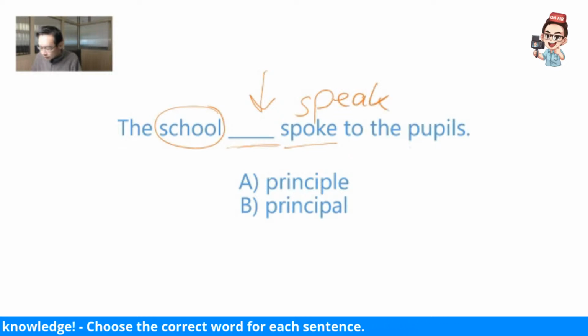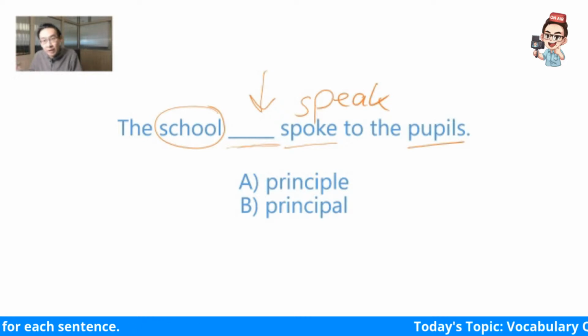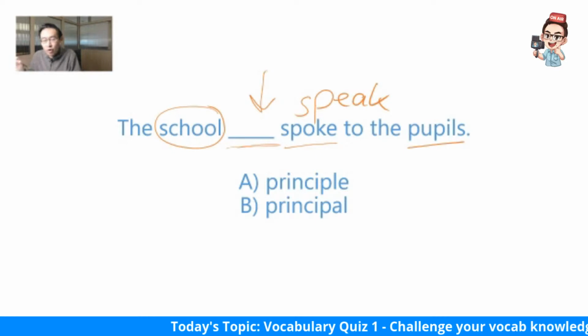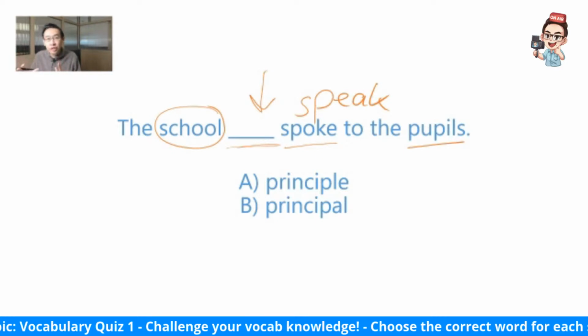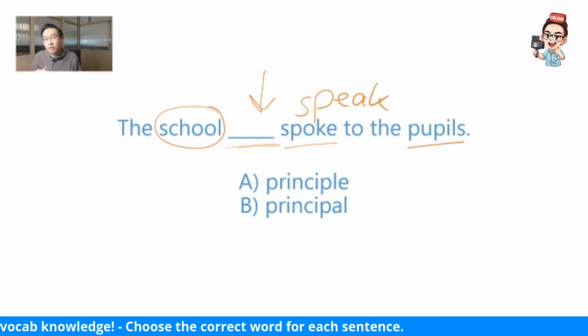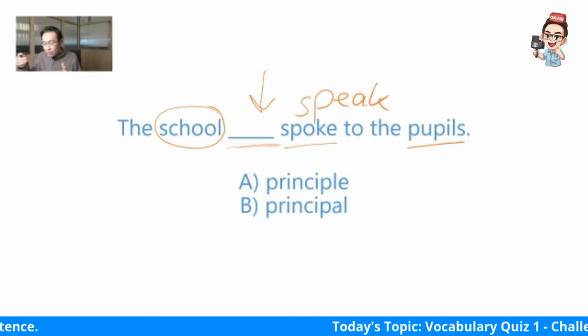To the pupils. Does anyone know what the word pupil means? A pupil is like a student, but we use pupil to refer to students who are quite young, like maybe primary school students, okay? Right, so now we know the meaning of the sentence.